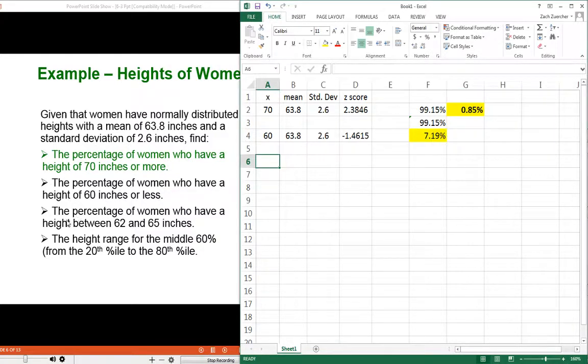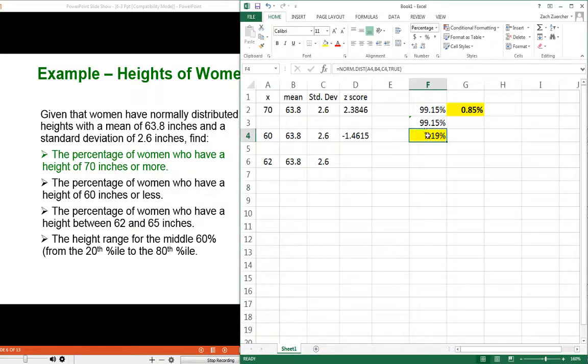Let's go on to the third one. The percentage of women who have a height between 62 and 65. Well, if we figure out the norm dist for 62, using these same values, we don't need the z-score if we're just going to use the function norm dist.